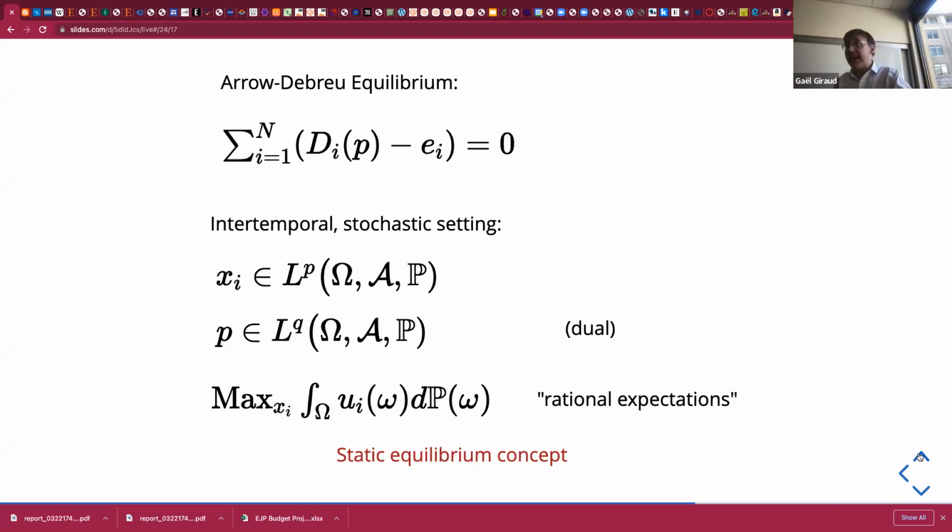There have been some attempts by Stephen Smale, the guy who got the Fields medal. He tried to write some differential equations that would lead to this equilibrium. It's very clever, very nice, beautiful mathematics, but from an economic viewpoint, it's not really convincing. It's not based on what's happening in real life.